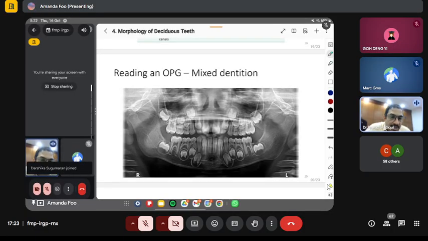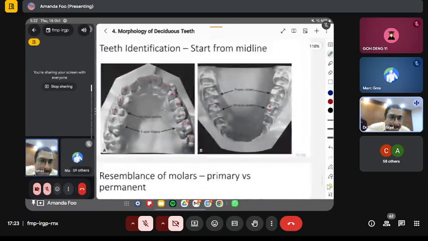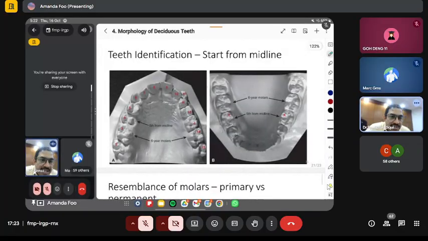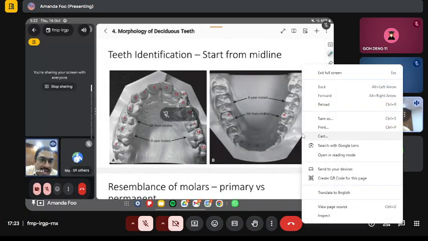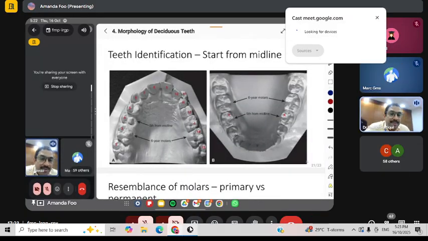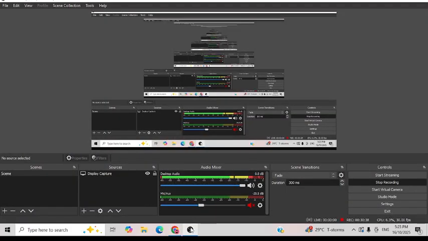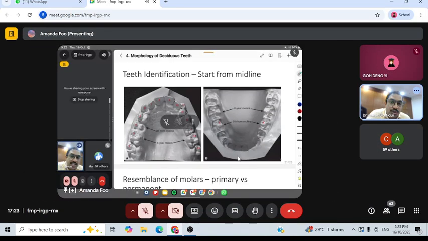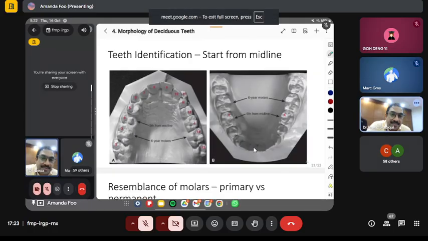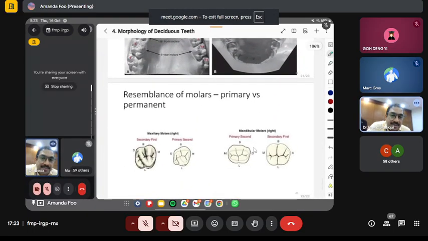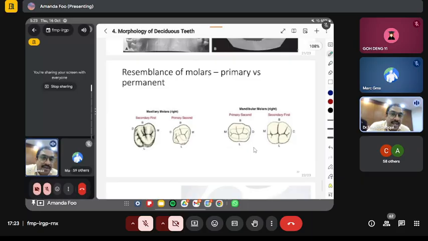Okay, go to the next one, Amanda. Yeah, and these are the teeth identification. What I was telling you about is how the primary second molar resembles the permanent first molar, so this is just to show that. All right, good. And when you're doing tooth identification, always start from the midline, because incisors are very easy to identify.